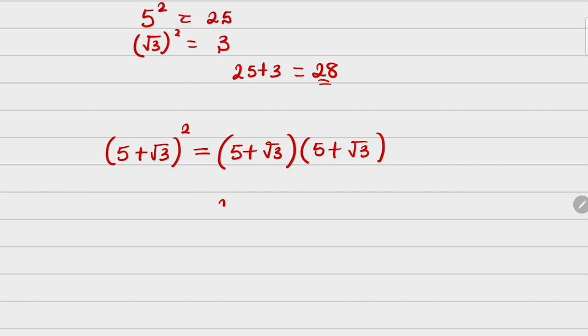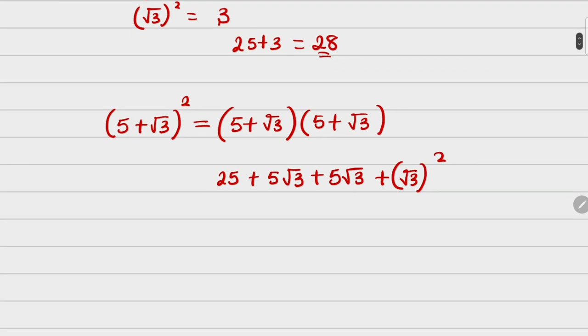Now, this is going to be 25, then 5 times root 3 is 5 root 3, then I have another 5 root 3, then plus root 3 all squared, of course, which is 3. That gives 25 plus 10 root 3 plus 3, which is 28 plus 10 root 3.